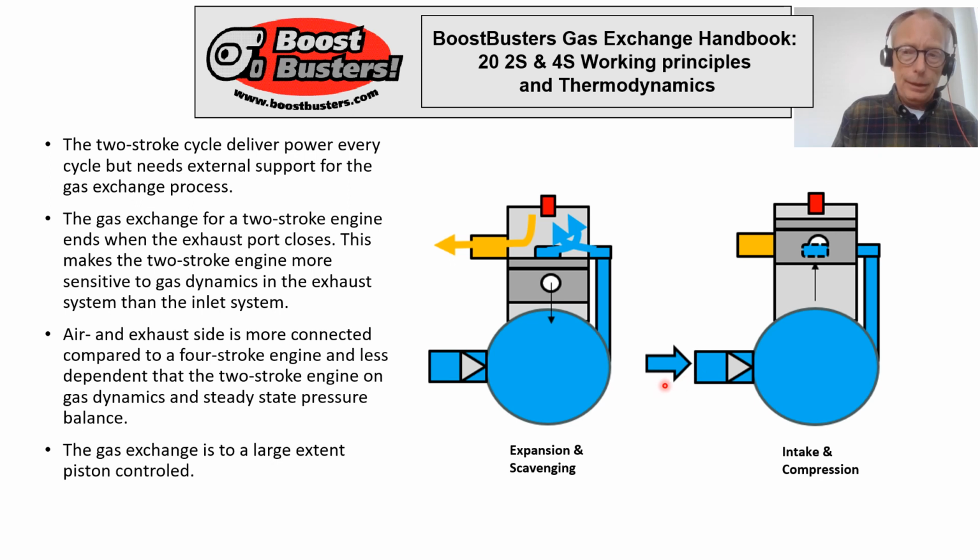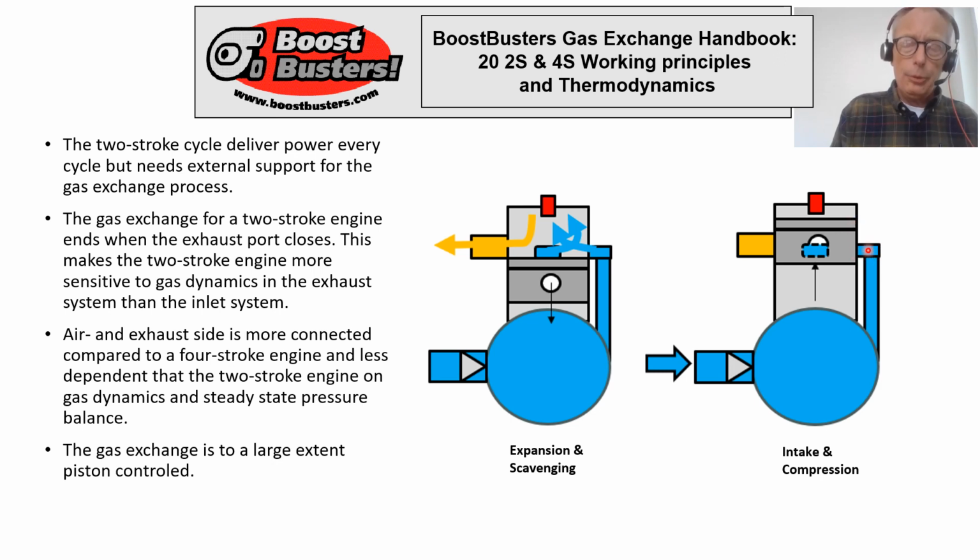So inhalation of air, and fuel at least air, is happening here in the crankcase by a reed valve, or it could also be a rotary valve, or in the simplest form also a piston controlled intake managed by the piston movement. Air and potentially also fuel needs to be distributed in the scavenging ducts up to the combustion chamber.